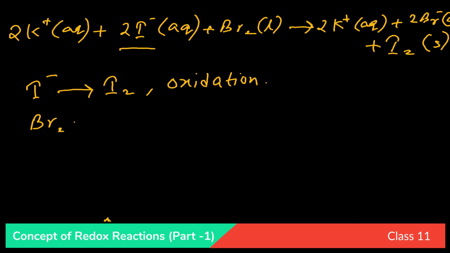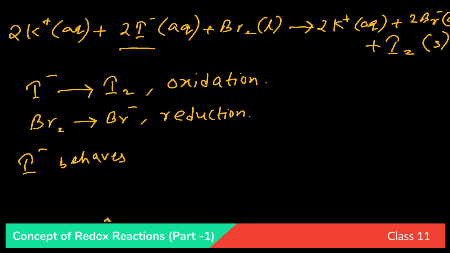And formation of Br2 into bromide ion, this is reduction. So what I can conclude from here is I-, that is iodide ion, here behaves as reductant. That means it gets oxidized itself and it reduces another substance. That is, it has reduced bromine.